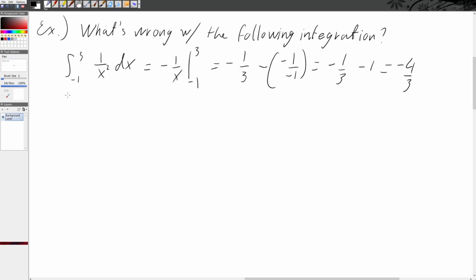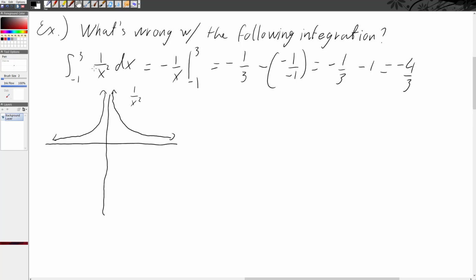Well, let's take a look at the graph. We know how 1 over x squared looks. There's an asymptote at 0. And if we go continuously to the right, the bottom is always positive, meaning the right-hand side should look like that. And if we go all the way to the left, it's still going to be positive. So the left-hand side should look like that.